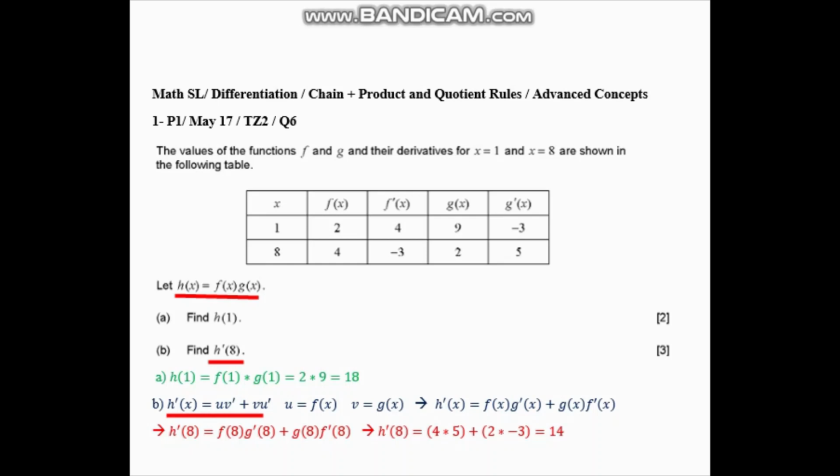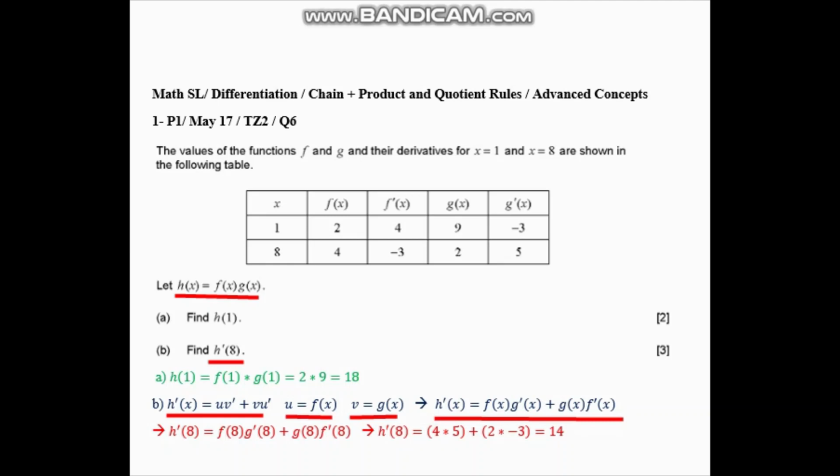I call the first function u, so f of x we shall label u, and the second function g of x we shall label v. Using these notations we can rewrite h dash of x as fg dash plus gf dash instead of uv dash plus vu dash. So all it takes here is to translate the u and the v that we are used to into f and g.